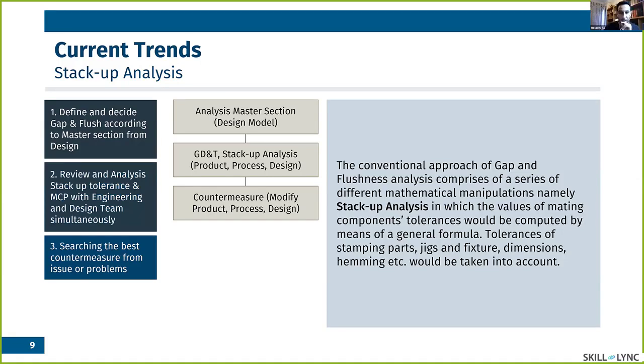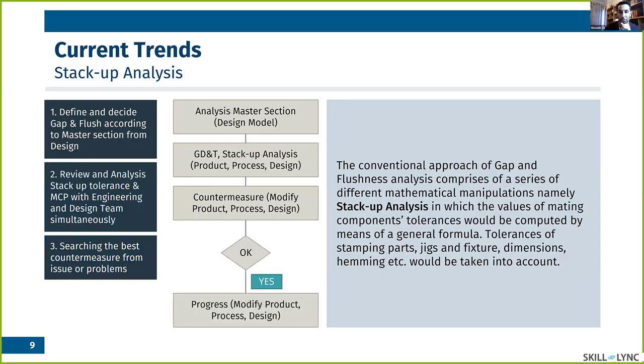After all, if everything is okay, we would start our progress to produce the vehicle by modifying the product, process, and design for the best condition. But if not, we should return to the GD&T and stack-up analysis stage.